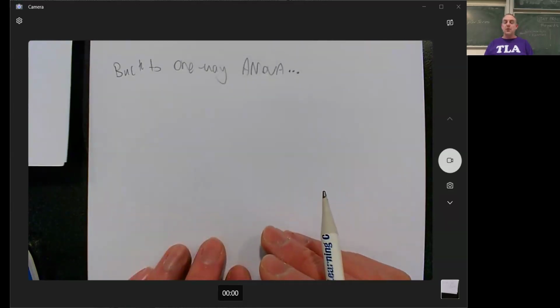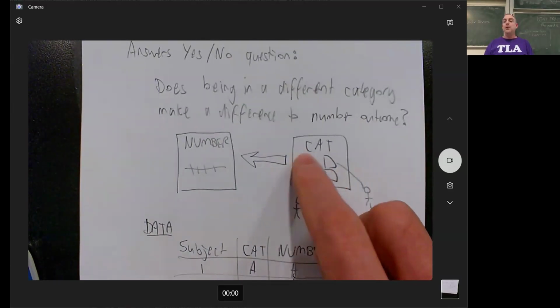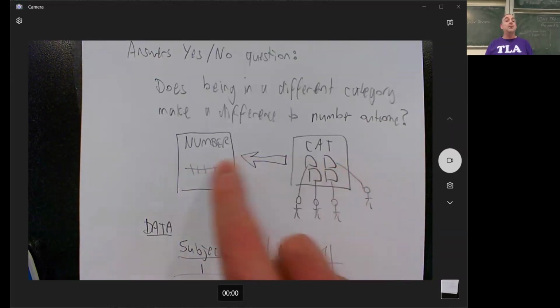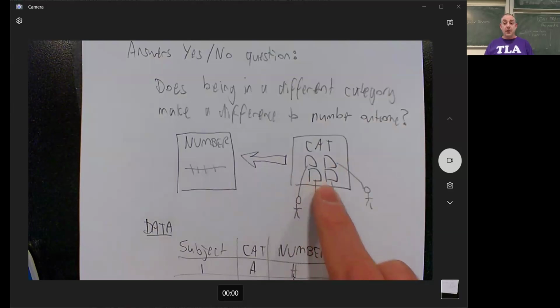So the question you're going to ask is, all the people who could be in this category will have a mean for what this number is. And all the people who could be in this category have a mean for what this number is. And same for this one, and same for this one, and same for this one.